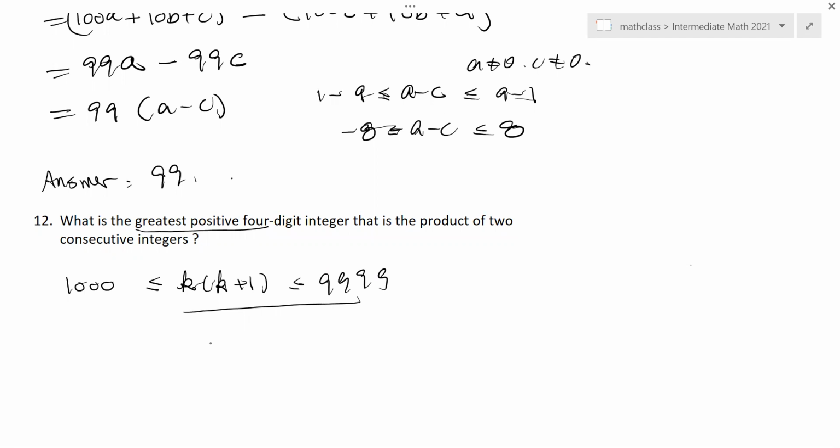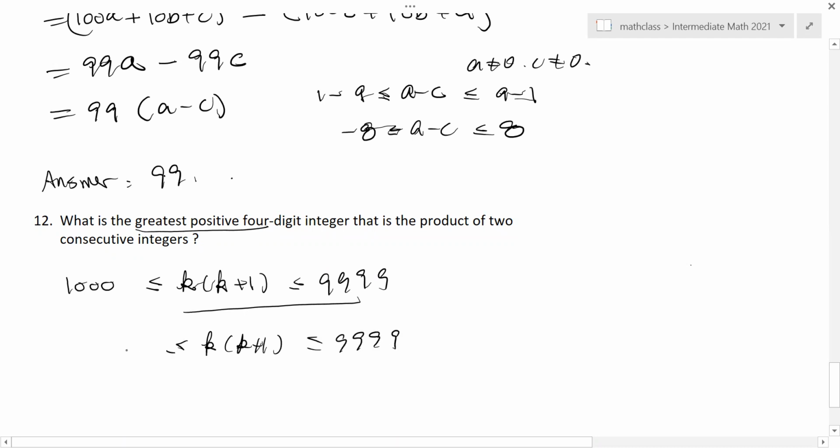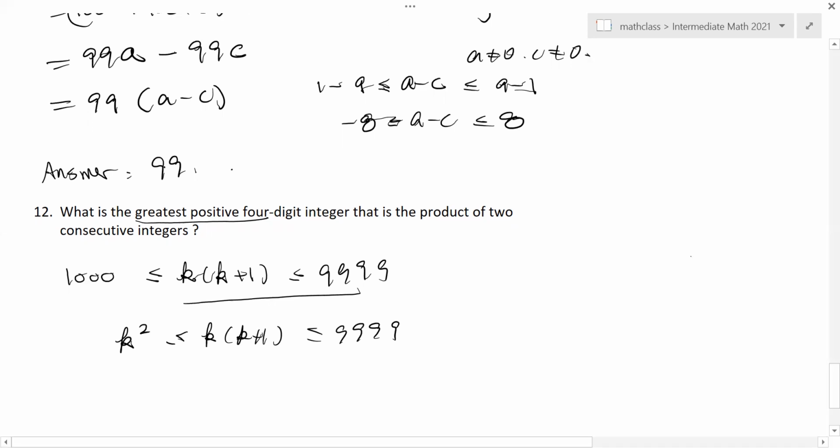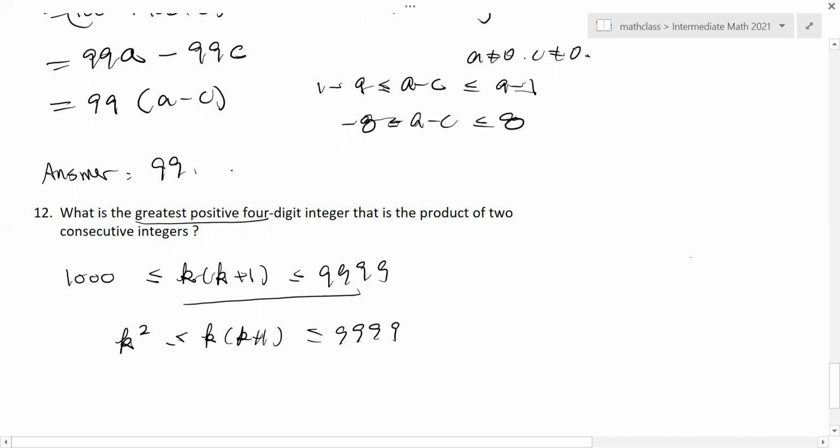No, I don't want to solve a quadratic equation. What I'm trying to do is look at this: k times k, right? It's about k squared. So I'm looking for a perfect square which is less than or equal to 9,999. Okay. Wait, 9,900?